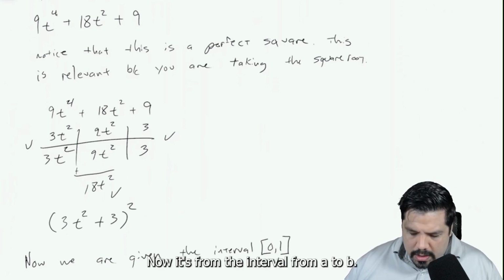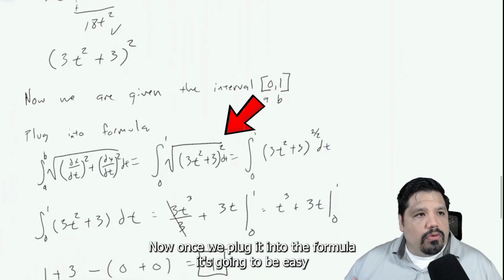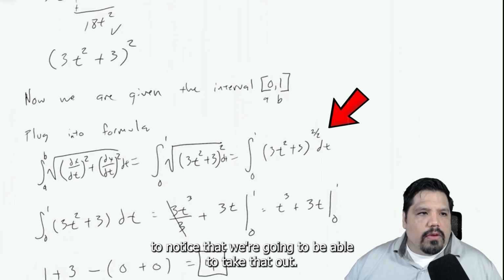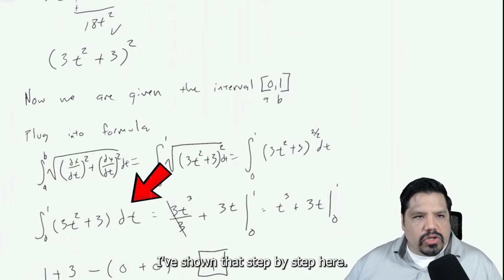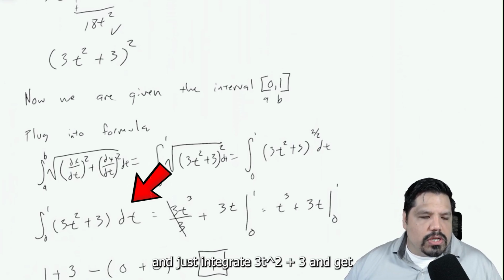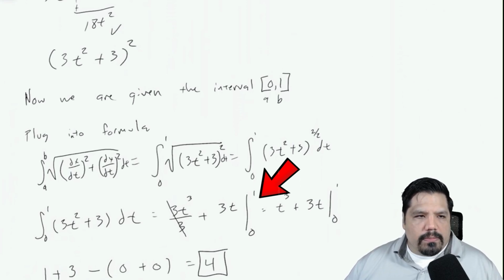Now it's the interval from A to B, and we're going to plug that into the formula. Once we plug it in, it's easy to notice that we're able to take the square root out. I've shown that step by step here, and we can use this to our advantage and just integrate 3t squared plus 3 and get 3t cubed over 3 plus 3t, from 0 to 1.